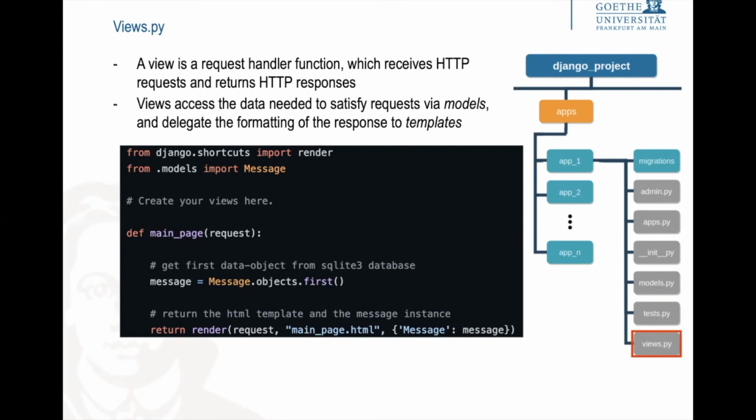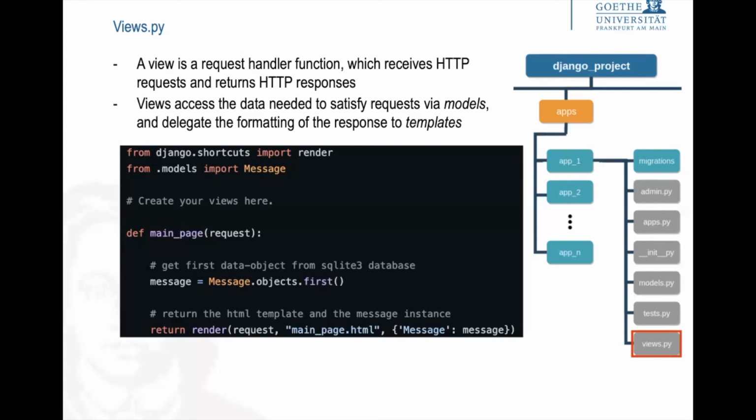And in the example at the bottom, we can see that exactly this behavior is implemented. If we recall the urls.py definition, the function is called every time the URL app1 is requested by the client.